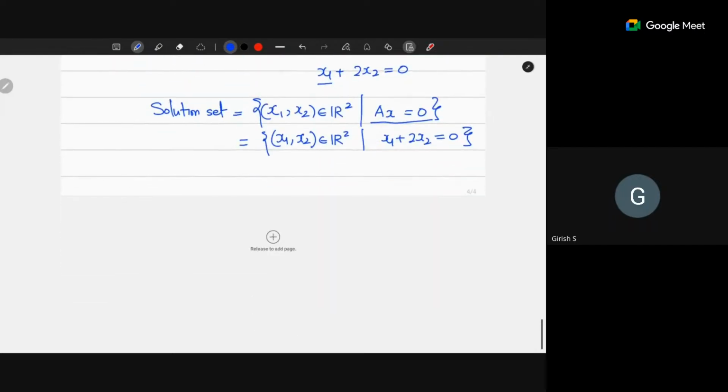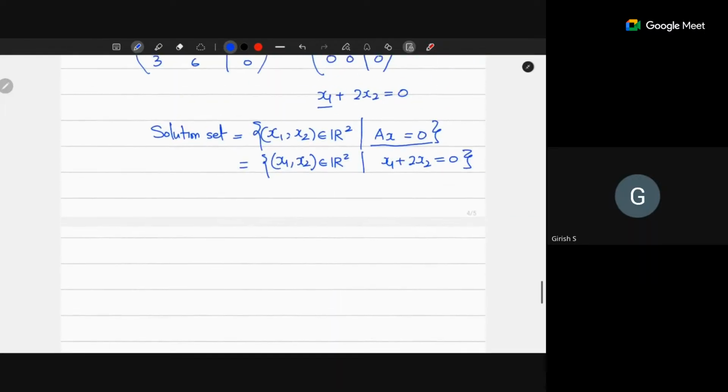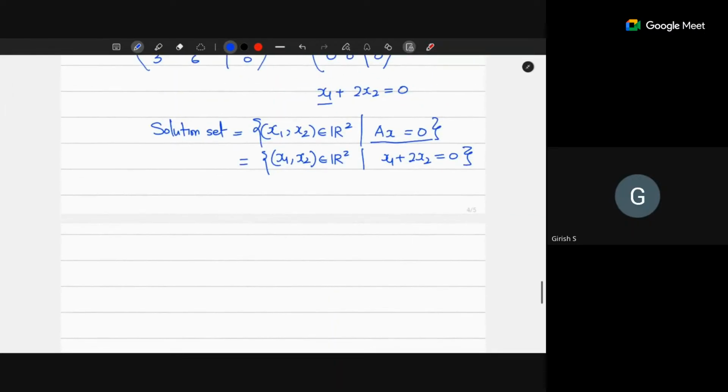Right? Now you can replace x1 in terms of x2 or x2 in terms of x1, as one of you was mentioning.